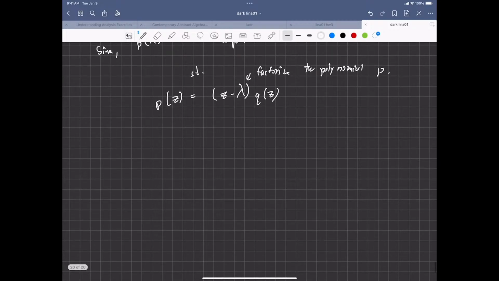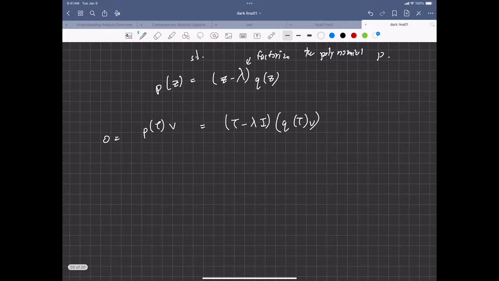And what this tells us is that P of T, applying the operator again here, is equal to the operator T minus lambda I applied to Q of T applied to V. Again, to avoid confusion, what is exactly going on here?